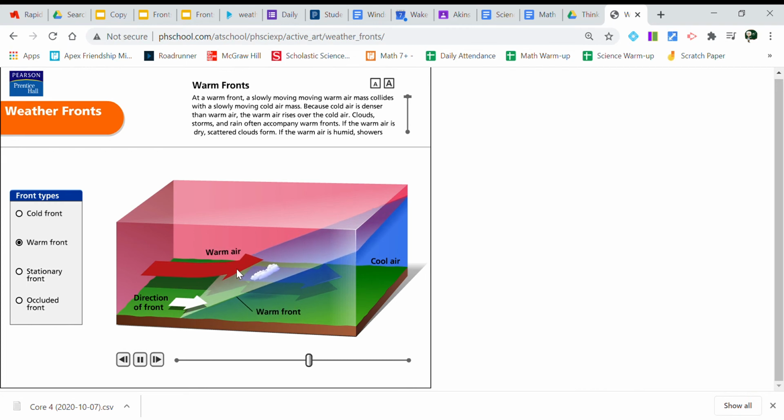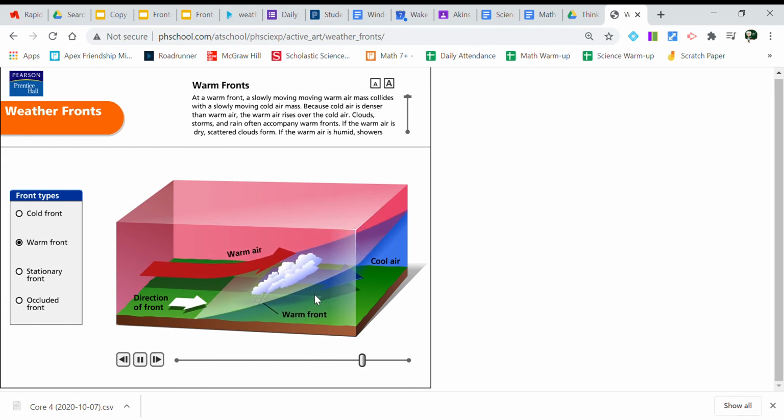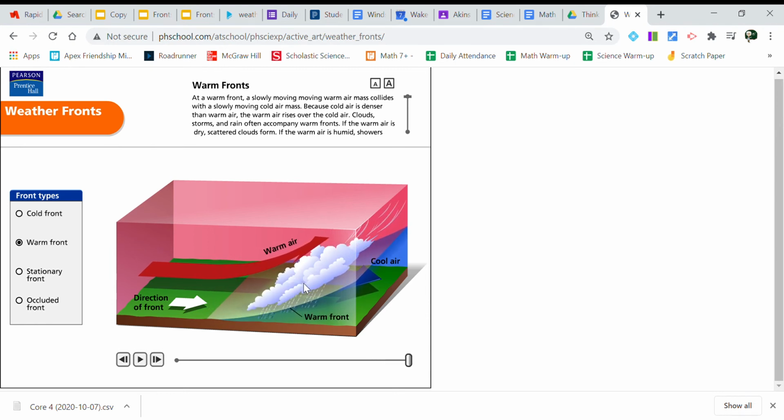Again, warm air rising is carrying moisture into the atmosphere. That's cooling off, creating clouds, which is going to give us rain. However, this is not going to be severe weather. This is typically the type of weather where it's cloudy, overcast for long periods of time. We have extended light rain and drizzle throughout the day. So that's the type of thing that happens with a warm front.